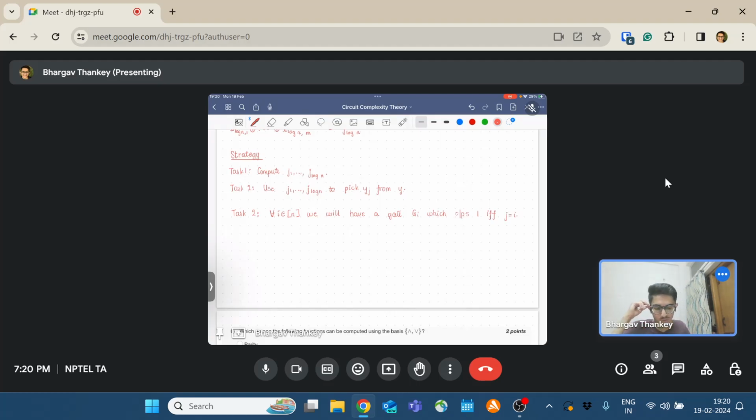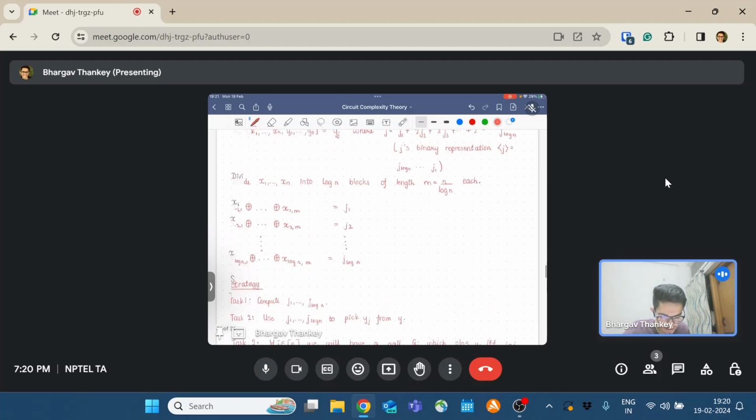Okay, to accomplish task two, we are going to have an OR of gi's. So what does a gate gi do? It outputs yi if and only if j equals i.